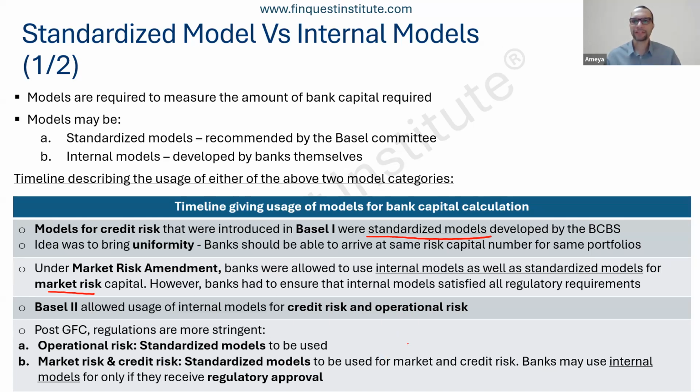Now, post the global financial crisis, you can imagine that the GFC was like a change of an era, I would say, because the way in which risk was perceived prior to the GFC vis-a-vis after that is drastically different. So I can say with a certain level of confidence that prior to the GFC hitting all of us, risk management was seen more from a compliance perspective. It can be thought of as if risk was a cost center.